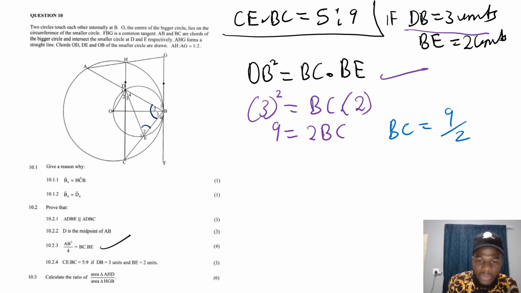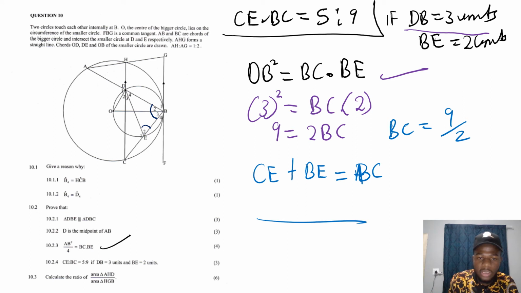We have to find the value of CE now. So CE is simple. CE plus BE gives us the whole of BC. Sorry, the whole of BC. Because it is like this: we have C, we have E, we have B. So CE plus BE gives us the whole of BC.